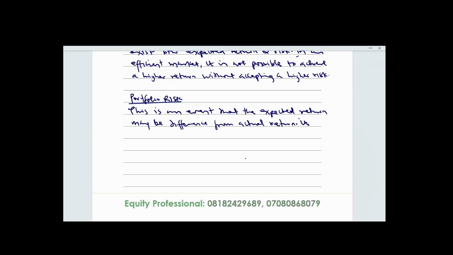It is also a chance that a part or all of the original investments may be eroded.